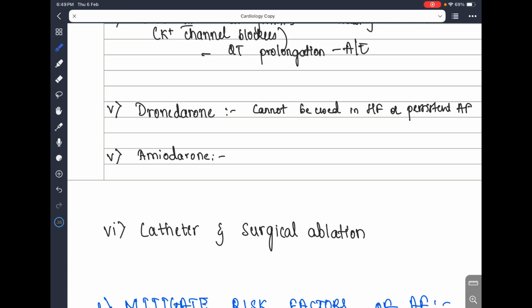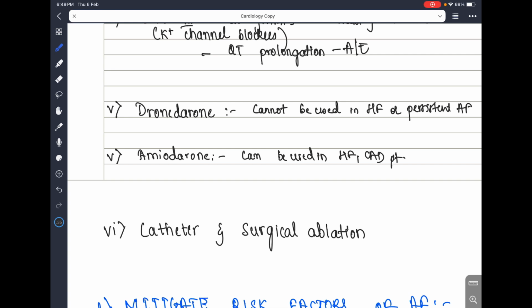Amiodarone is a broad spectrum antiarrhythmic, I can say. It can be used in heart failure and coronary artery disease patients. Now, the important thing is adverse effects.